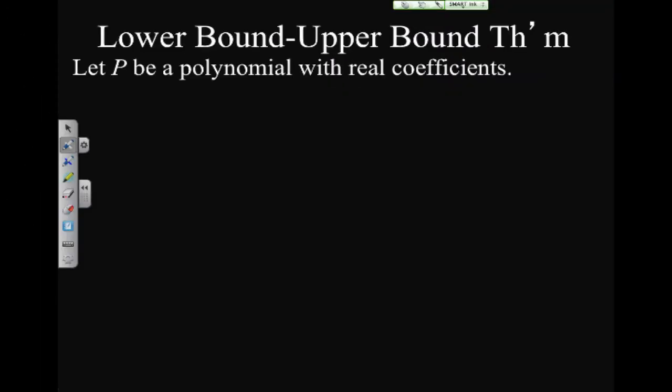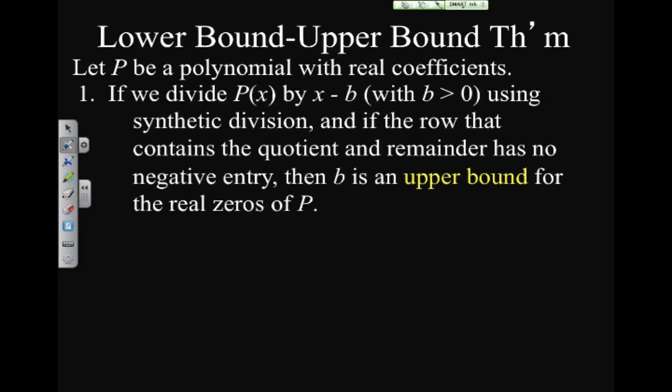Another thing to help us be efficient in our guessing and checking method with the synthetic division is the lower and upper bound theorem. So once again, we have a polynomial p and it has real coefficients.